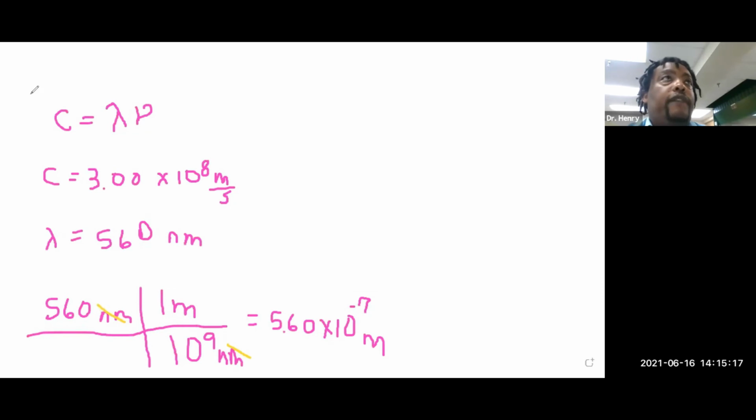Okay, so if I'm going to use this equation here, I'm going to go ahead and plug this in for c.